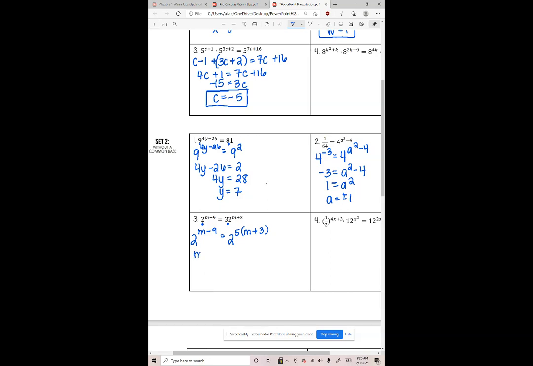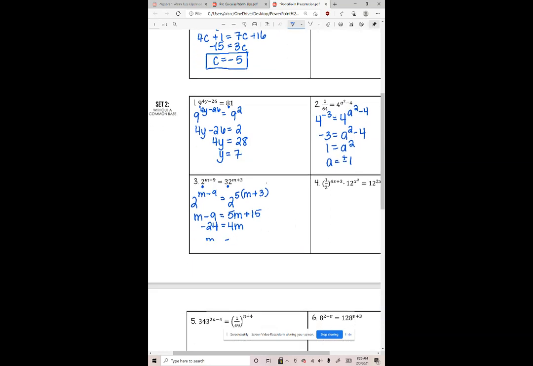So now I have m minus 9 equals 5m plus 15, because you would just distribute that 5. So I have 4m when I subtract the m, and I subtract the 15, I'm at negative 24. Divide both sides by 4. M equals negative 6.